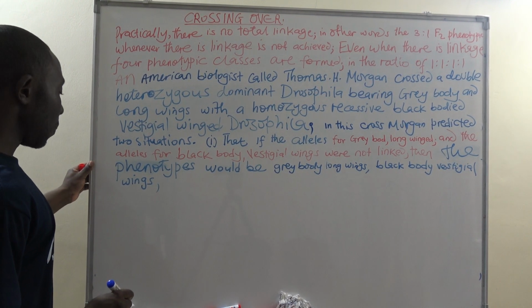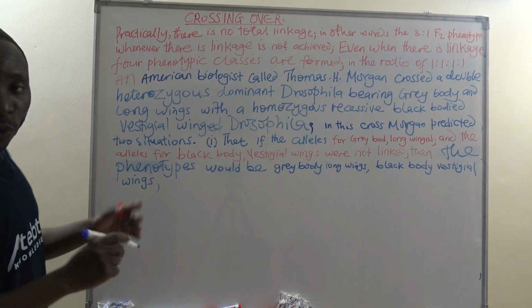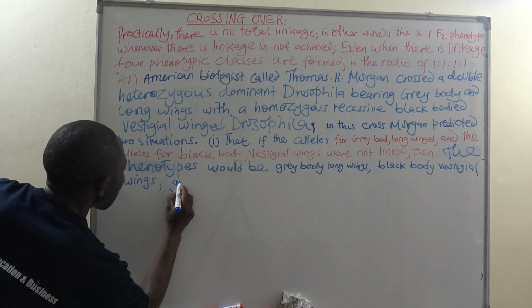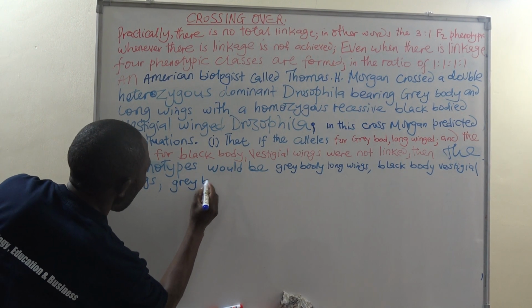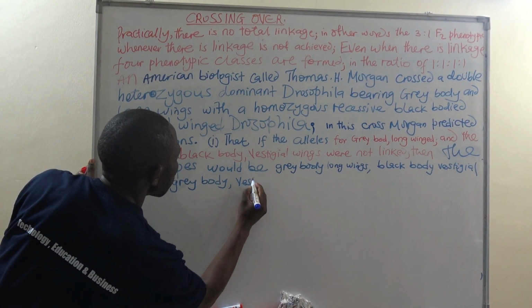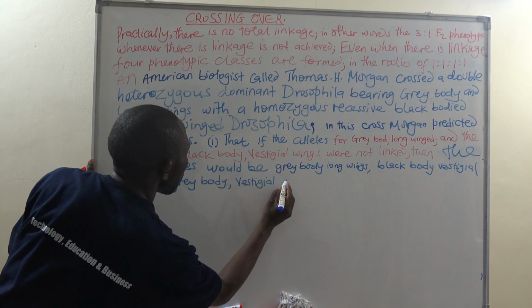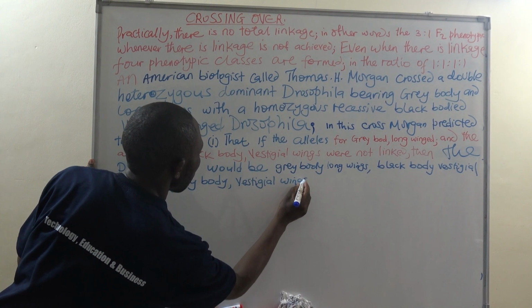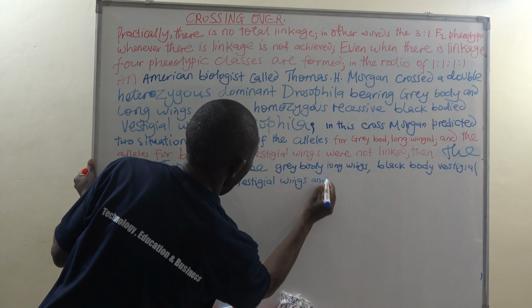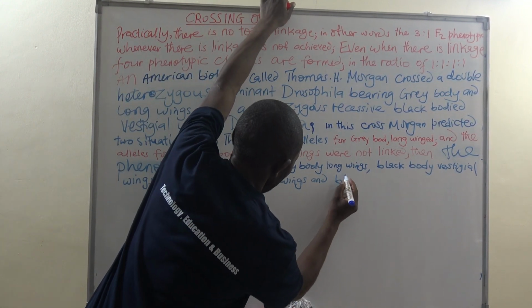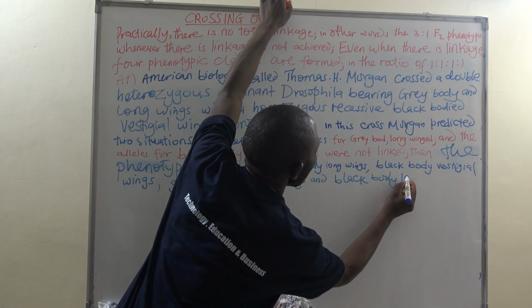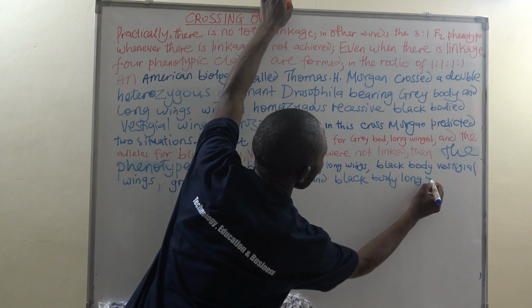The third phenotypic class would now be the recombinants: gray body, vestigial wings, and black body, long wings.